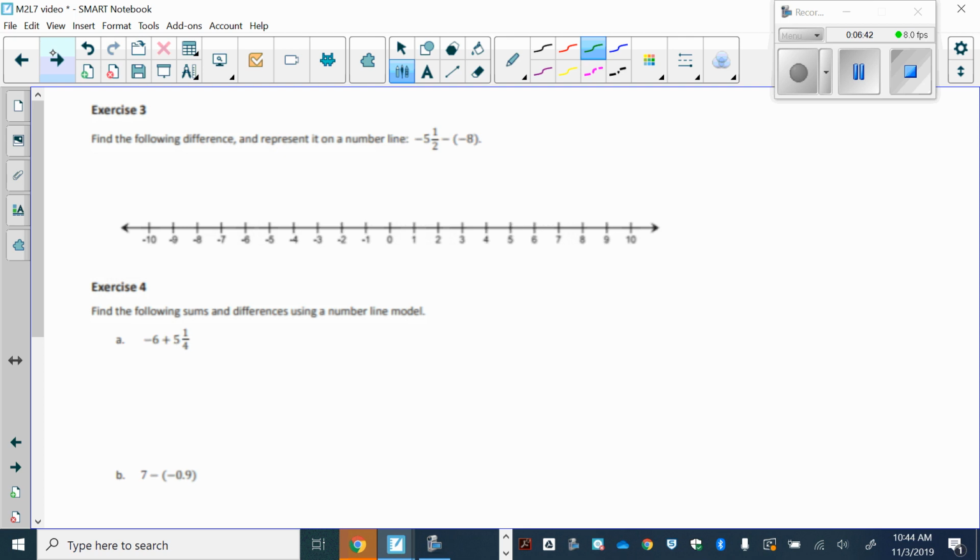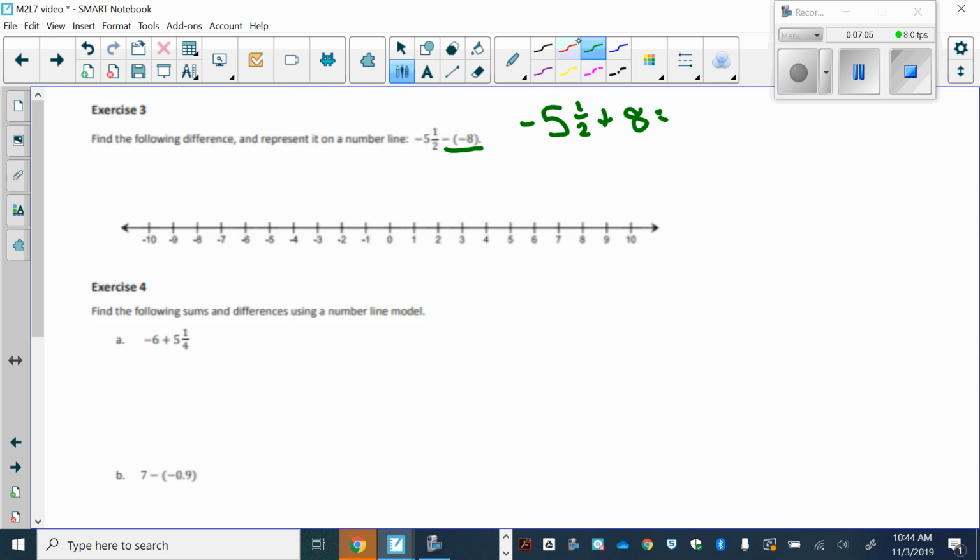Why don't you try exercise 3? Pause the video and try that one. Think about the steps we just did. So I'm going to rewrite it as addition. Subtracting a negative 8 means adding positive 8.